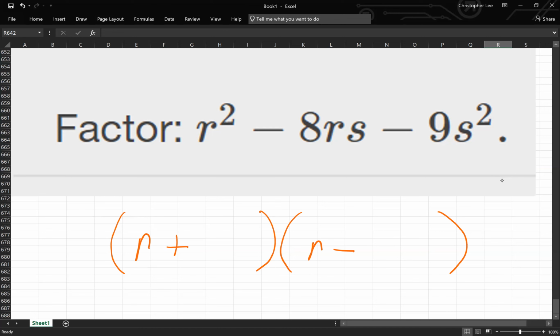How do you know that? What made you make that guess? Because your C term here is negative, right? So one is positive, one is negative. All right, cool. What am I gonna write over here?